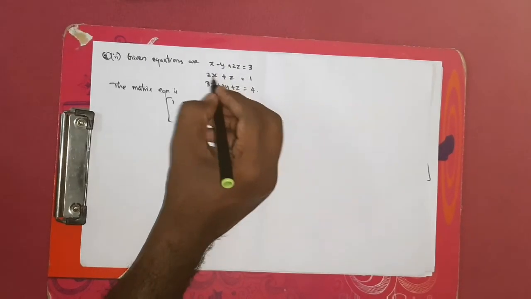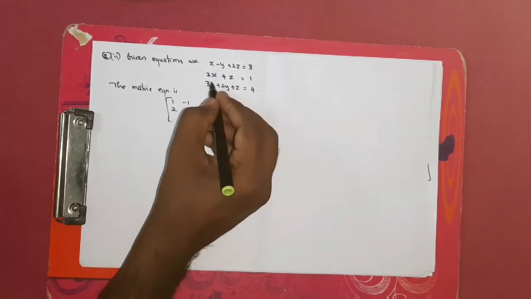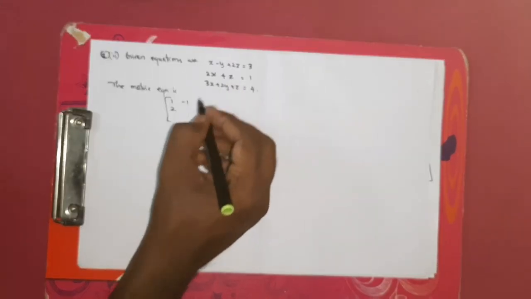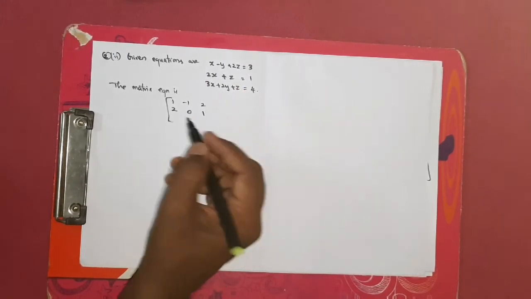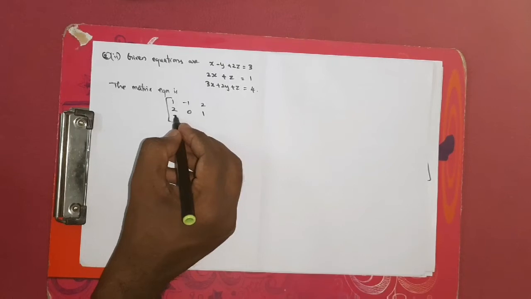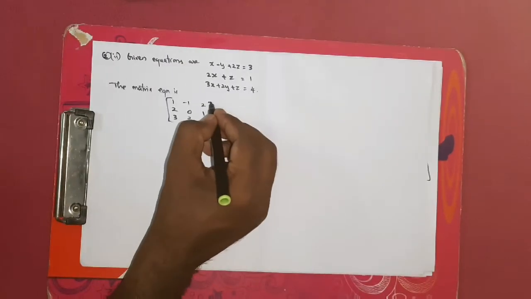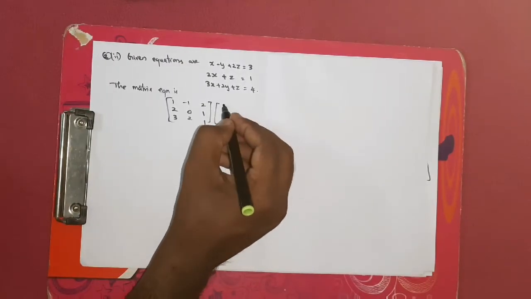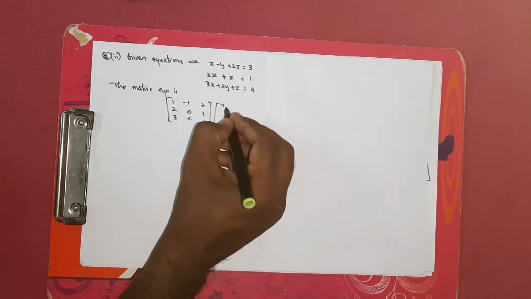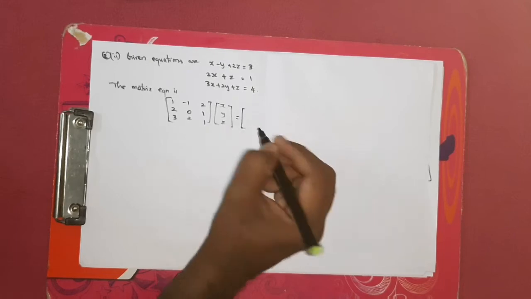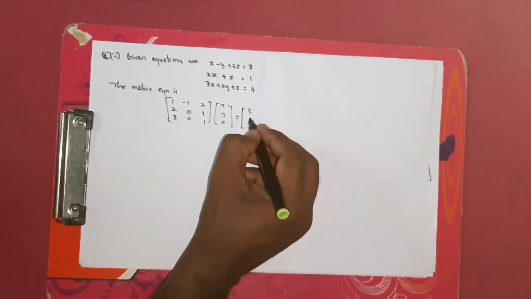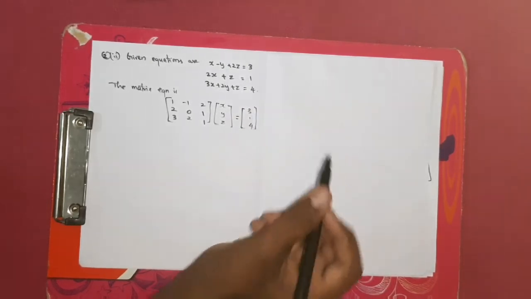The second equation has an x term, so 2, but there is no y term, so 0, and z means 1z, so 1. The third equation coefficients are 3, 2, 1. Now the variables are x, y, z, and the constants are 3, 1, 4.